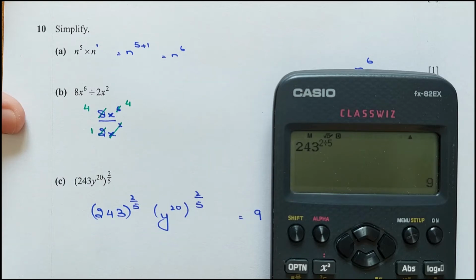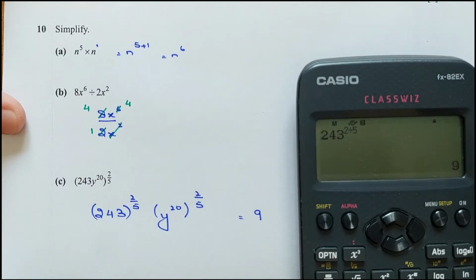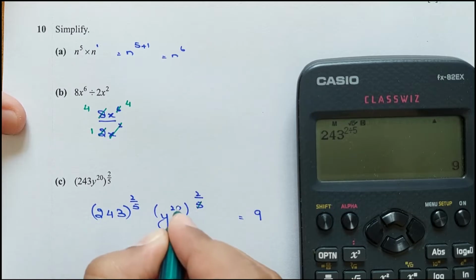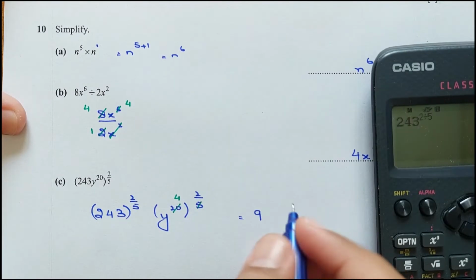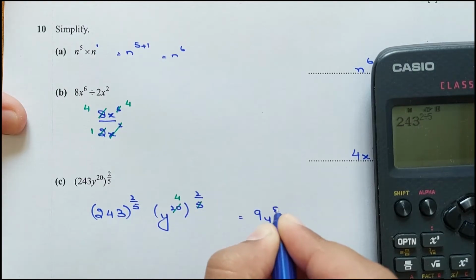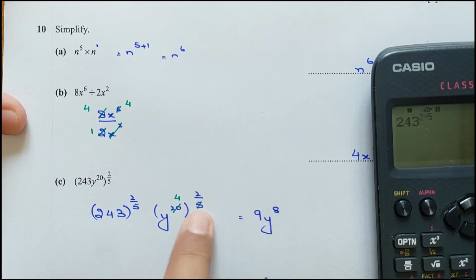And we have y 20. So let me simplify this separately. 5 times 1 is 5, 5 times 4 is 20, and 4 times 2 is going to be 8. So this is y 8. So I just simplified 5, cancel 5 with 20 and multiply 4 with 2. So 9y exponent 8 is the simplified answer.